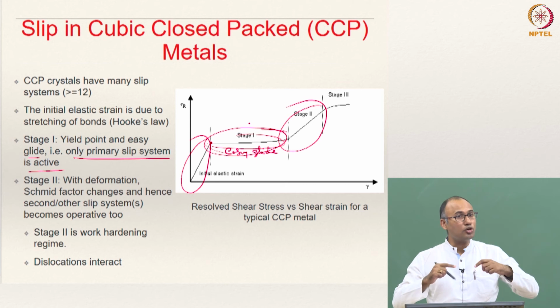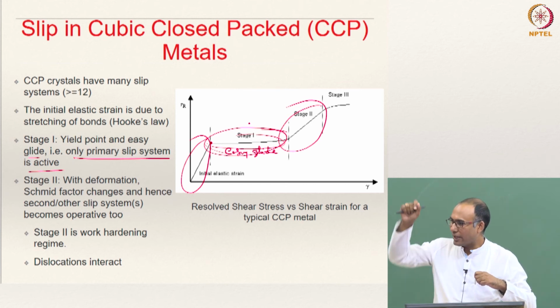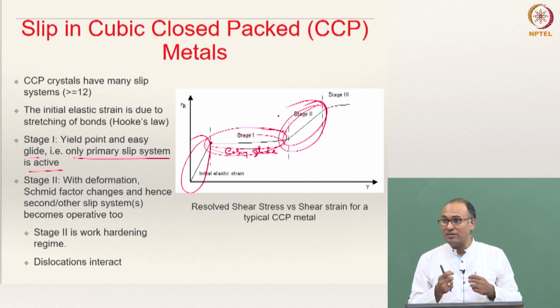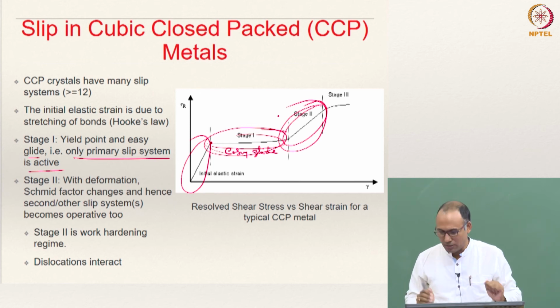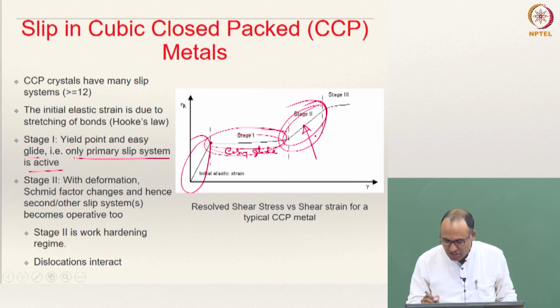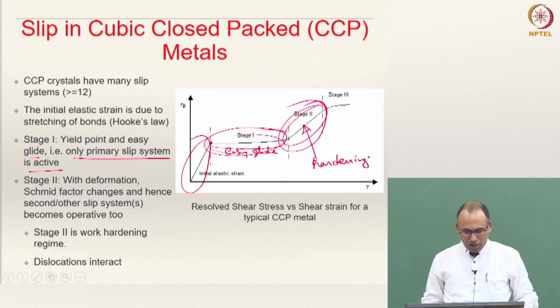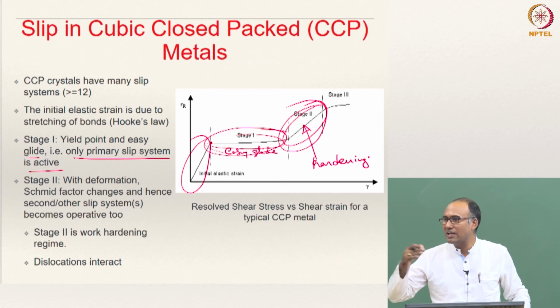And hence, in order to continue the plastic deformation, you need to apply higher and higher values of stress, and that is what is called hardening. That means your material is becoming harder to plastically deform, and hence this response is called hardening response, or it is also called work hardening, right? By doing work, the material is getting harder and harder.